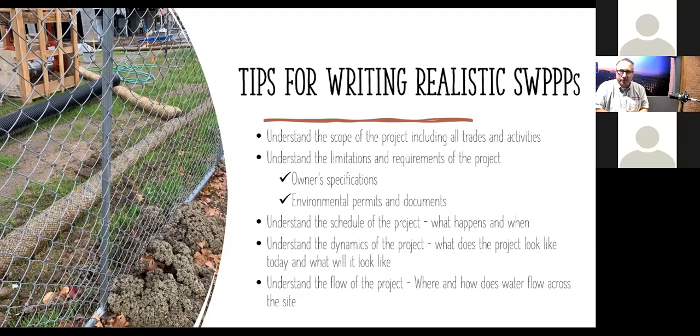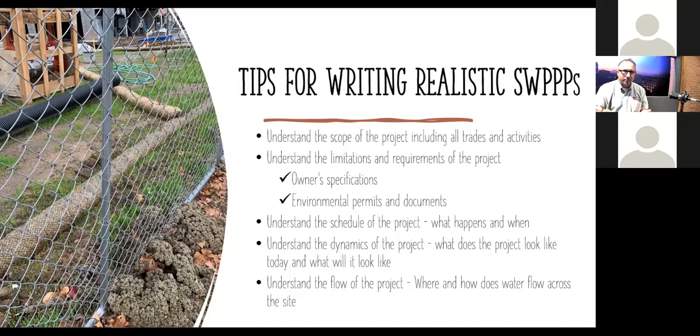A common one that we see is there'll be no monofilament netting used in your BMPs. Therefore, if I'm speccing out fiber roll, I want to make sure that we're not using that monofilament netting, that we're using more of a biodegradable burlap type of compost sock rather than that.